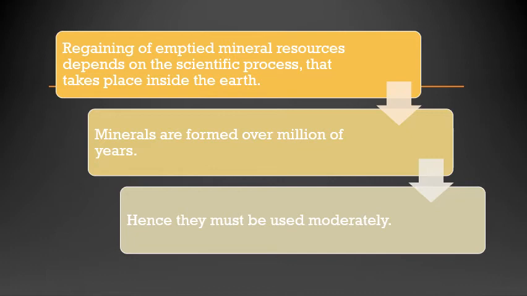Then in page number 74, the availability of the natural resources that fulfill our needs is not uniform everywhere. The quality of available resources is not the same. These minerals are available all over the earth, but it is not present in every inch of the earth. Only certain places it has been concentrated, and the quality of that resource also differs.